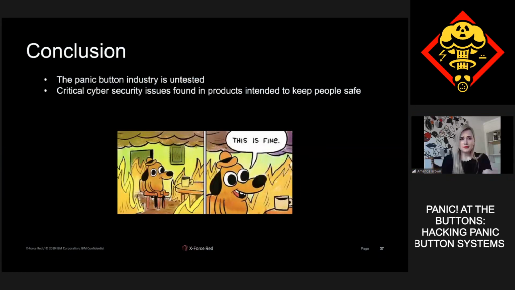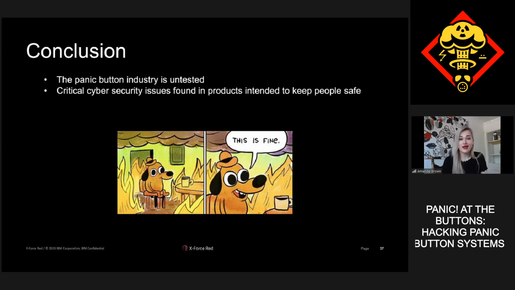All right, so hopefully you get the vibe that there are a lot of problems with these products. As a note, we did responsibly disclose to the respective companies, but even with our findings, we barely scratched the surface of this untested industry. We had a very limited amount of time to complete our research, and we only tested 3 different products.